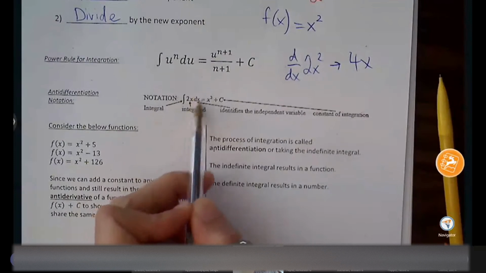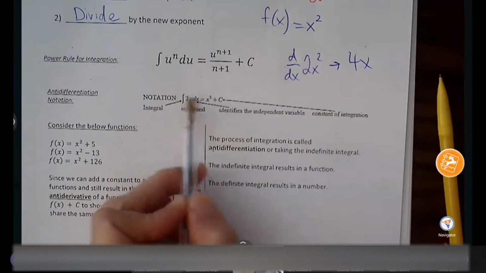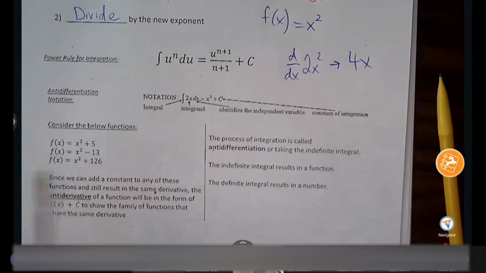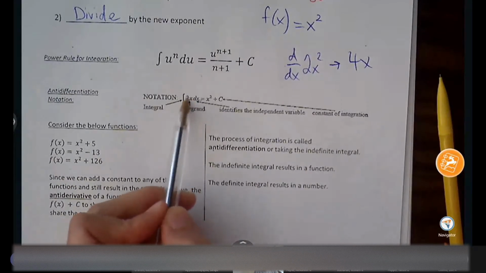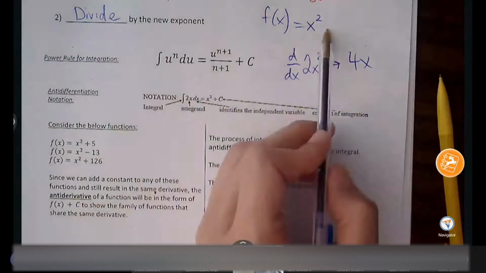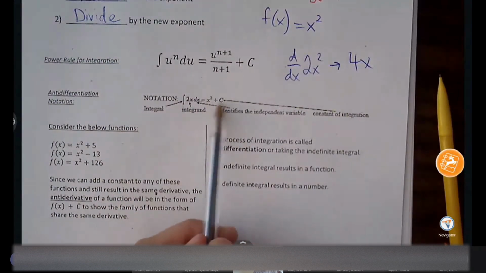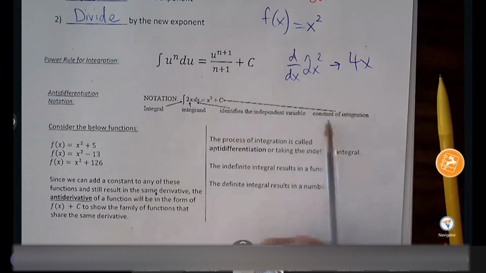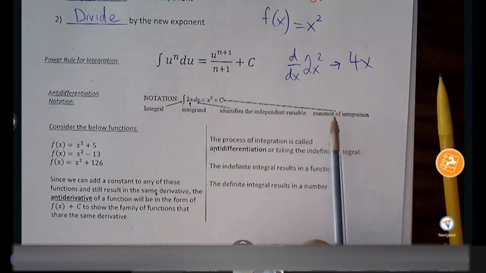We don't do anything with the dx calculation-wise. We just know that it is there as part of notation. So when we go through our antiderivative, 2x became x squared. We went through this process, and we're left with the antiderivative. And then there's also a plus c that's going to show up. It's a constant of integration, and that's always going to show up when we take the antiderivative.